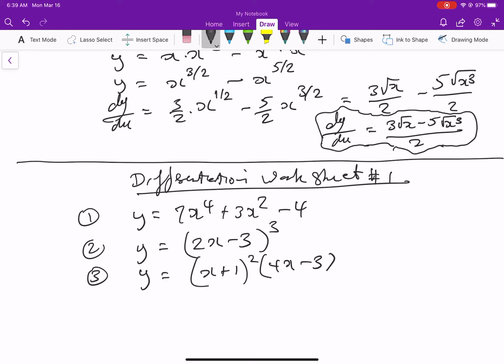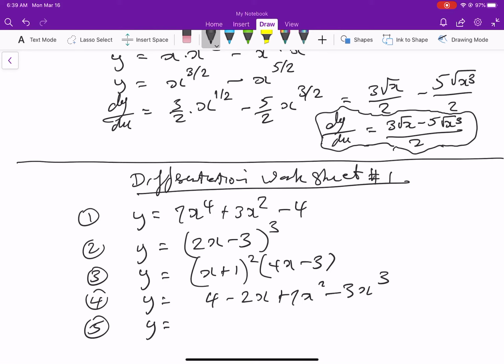Number 4. y is equal to 4 minus 2x plus 7x squared minus 3x cubed.